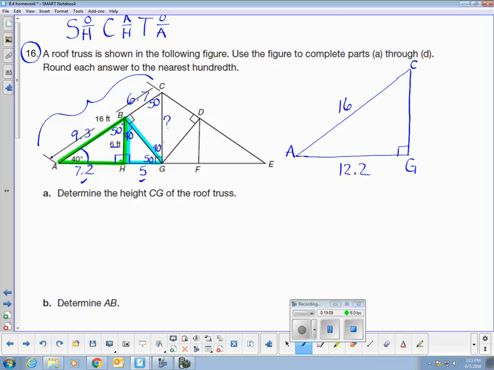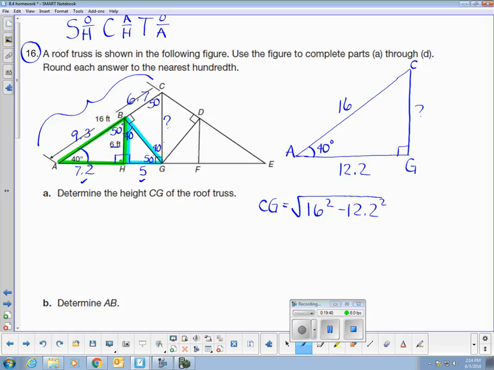Now, because I have a right triangle, and I know two sides of the right triangle, I can find the third side by using the Pythagorean theorem, or I can use my reference angle, 40 degrees, and use sine, cosine, or tangent. So I think I'll just try the Pythagorean theorem. For the distance from C to G, I'm looking for the square root of 16 squared minus 12.2 squared.